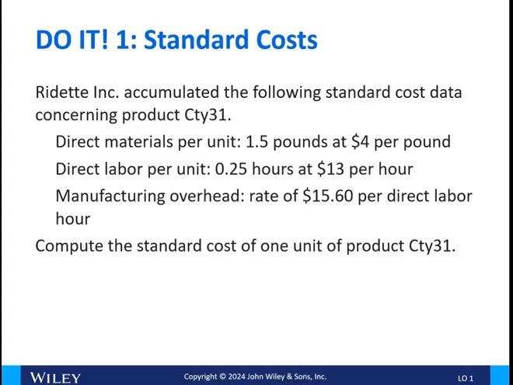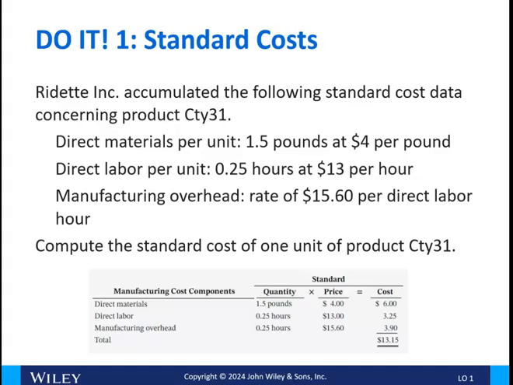So we're going to take all of these quantities, pounds for direct materials, hours for direct labor, hours for manufacturing overhead, times their respective rates. And then that'll give us a cost per unit of finished product. So here's how you do that.